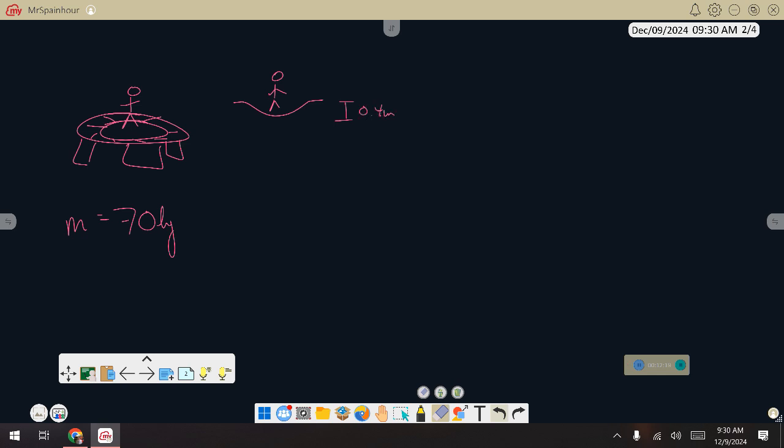All right. If that's the case, what do you think would be a reasonable height for this person to go? Don't say meters. Don't say meters. 6 meters. Think about that in your head. This is 3 meters.